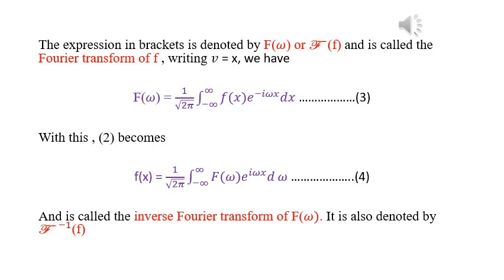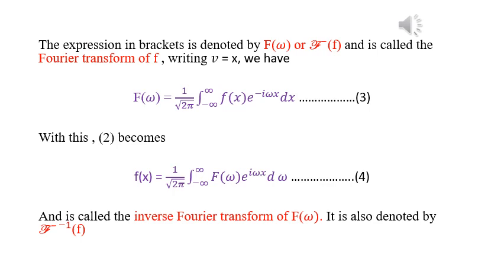Its notation is given as capital F of omega or script F of f. You can use either notation, F of omega or script F of f, where f is the given function. So the formula for Fourier transform is F of omega is equal to 1 by root 2 pi integral minus infinity to infinity f of x e raised to minus i omega x dx.